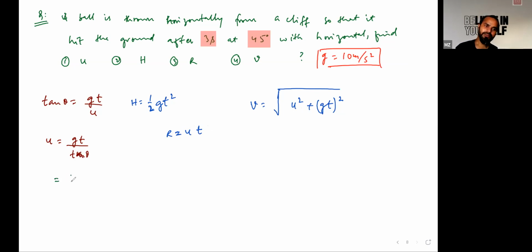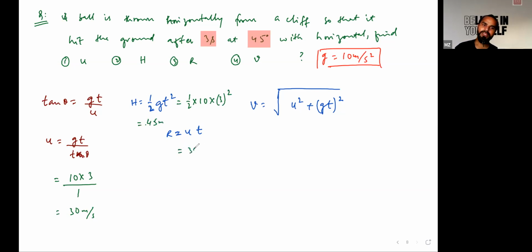So if you put all those values, 10 into 3 divided by tan 45, which is 1, you will get 30 meters per second. If you put these values in this equation, it will be half g and square of 3, so it will be 45 meters.